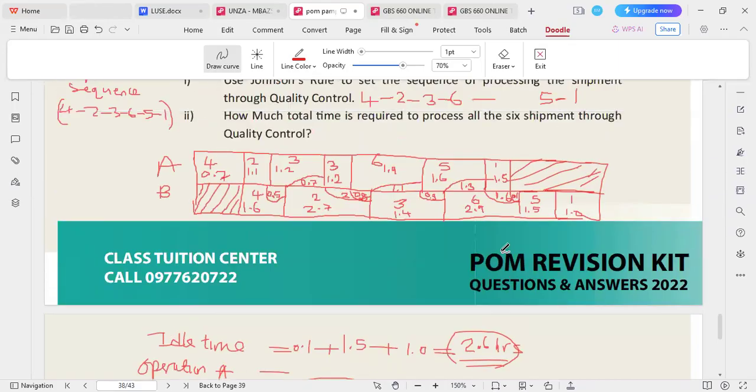So now, how much total time is required to process all the 6 shipments through quality control?